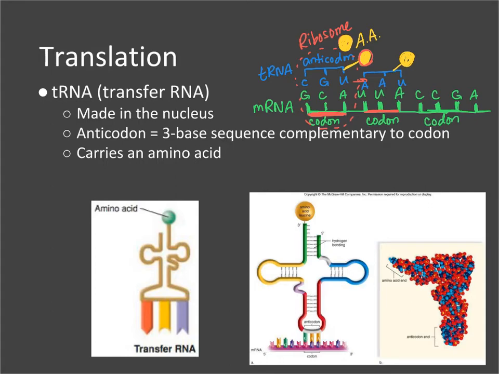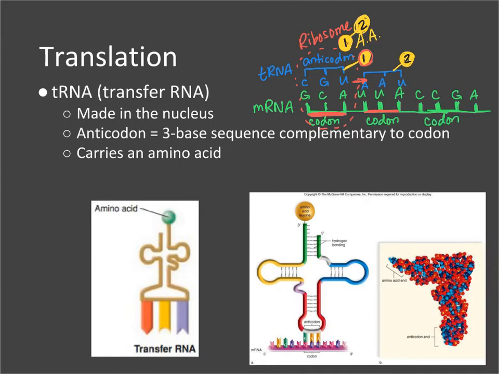So the ribosome, like I said, would move down, and the tRNA would come in, and it would actually drop off its amino acid, and the ribosome would form a bond with the amino acid it got from the first tRNA molecule. So here, I'll label them here as 1 and 2, and 1 and 2.